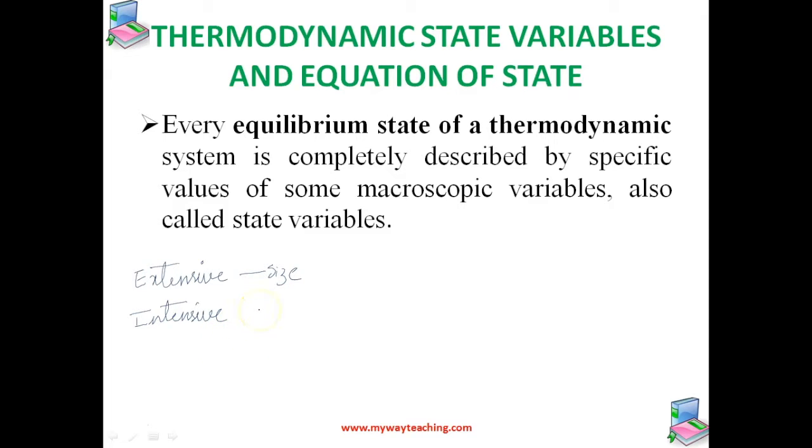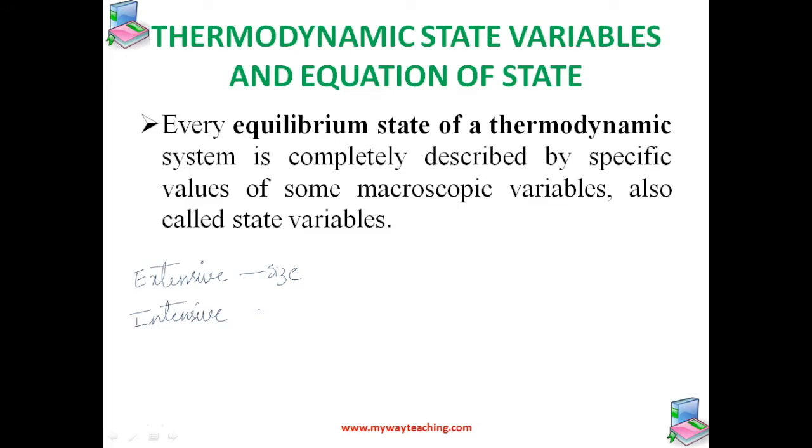To decide which variable is extensive and which is intensive, you just think of a relevant system which is in equilibrium and imagine that it is divided into two equal parts. The variables that remain unchanged for each part are intensive, and the variables whose values get halved in each part are extensive.